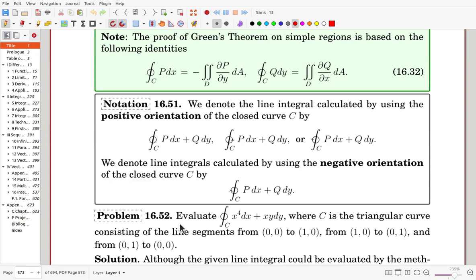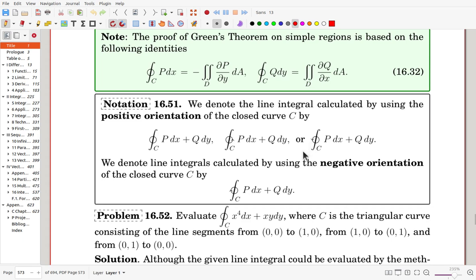Now, once the curve is closed and positively oriented, we may try to use such a notation. Over the integral, we make a circle, and that means it's positively oriented. This arrow can be outside.